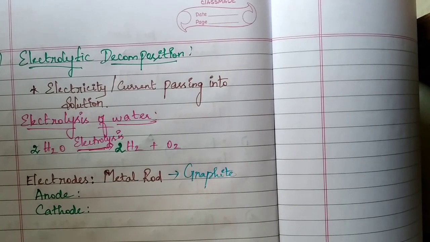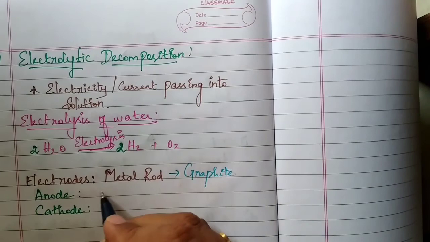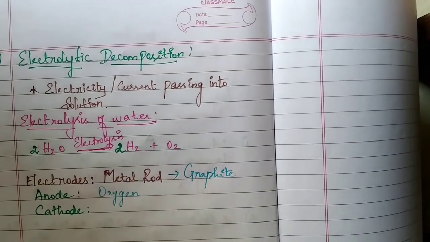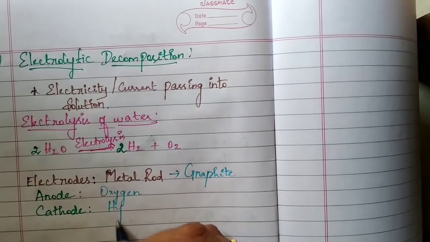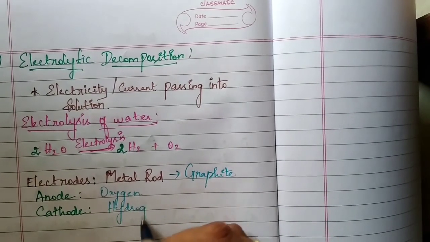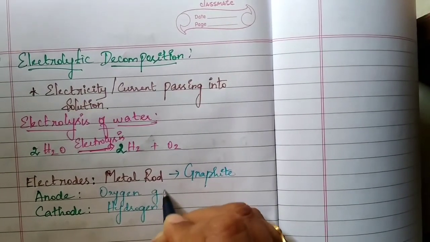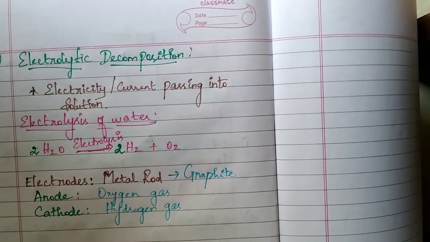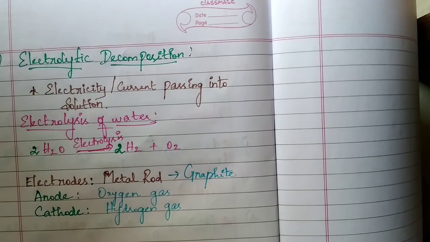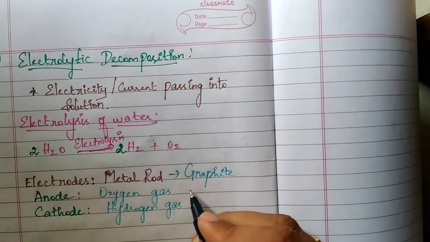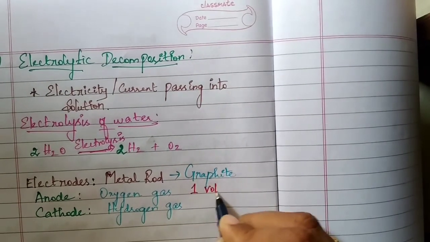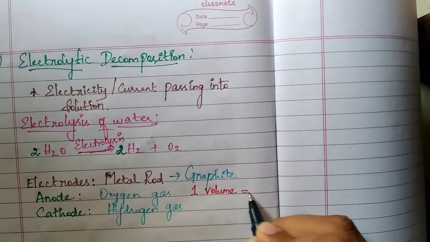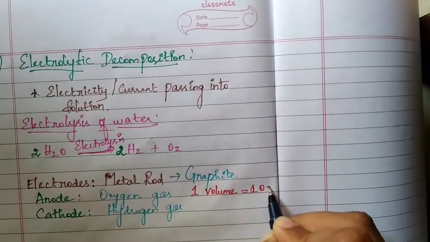In the anode, which gas is going to collect? Oxygen. In the cathode, hydrogen gas. Oxygen gas, hydrogen gas. How much amount of gas is going to collect? Here, 1 volume, that is 1 molecule of O2.